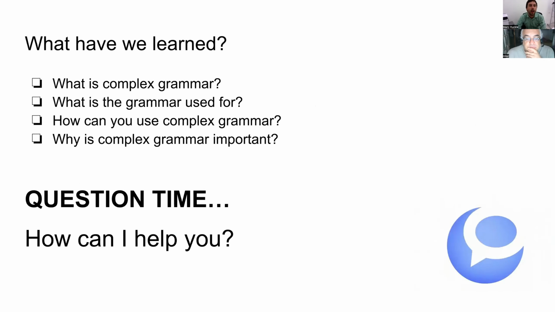Now, what have we learned today? We have learned what complex grammar is. We saw many structures that are complex. Can you tell me 3 complex grammar structures? For example, we were talking about first conditional, no?